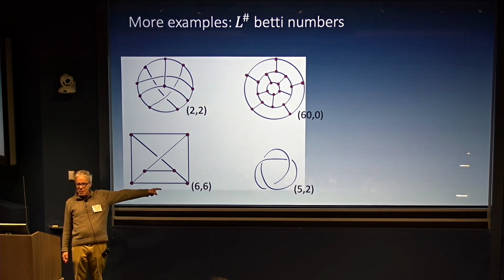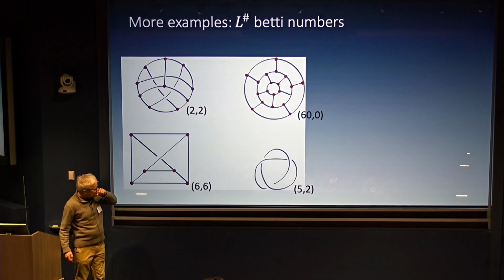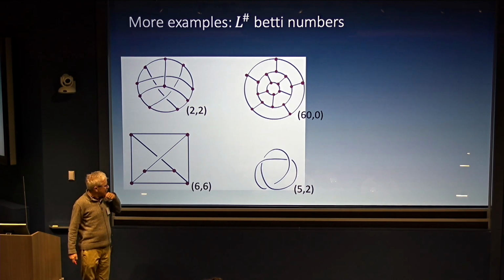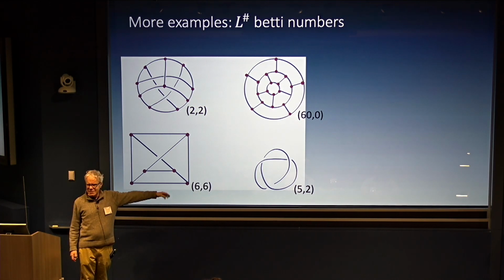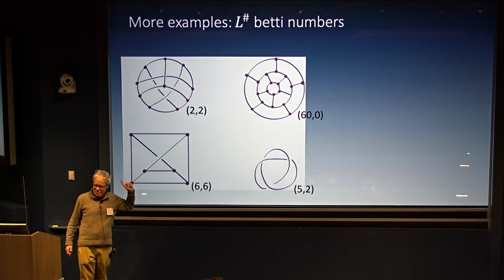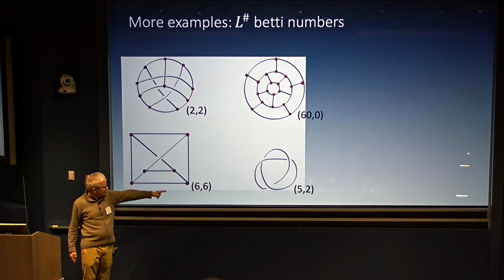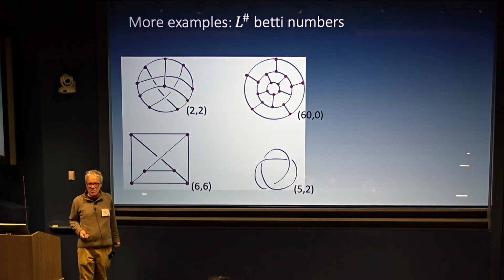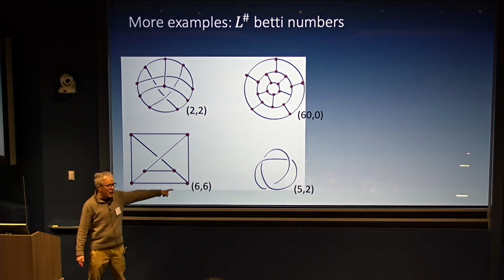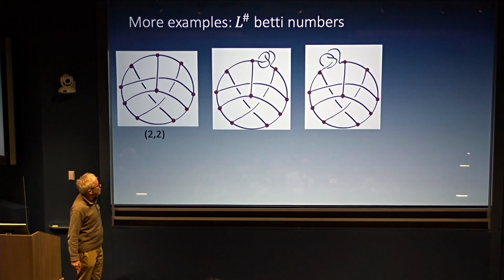For a year or more, we realized that this couldn't be true. And it wasn't until quite recently, about a couple of months ago, I'm not quite sure, that Tom finally found where the mistake was. It had been sitting there for a long time. Anyway, 5-2 is the trefoil.